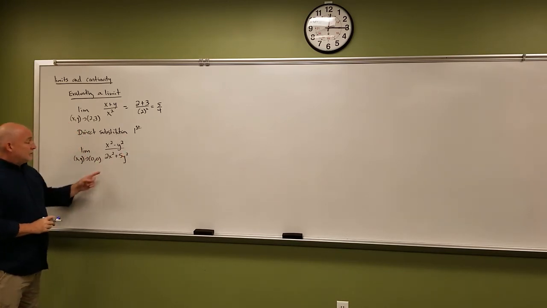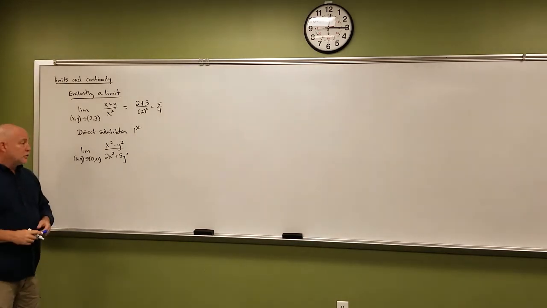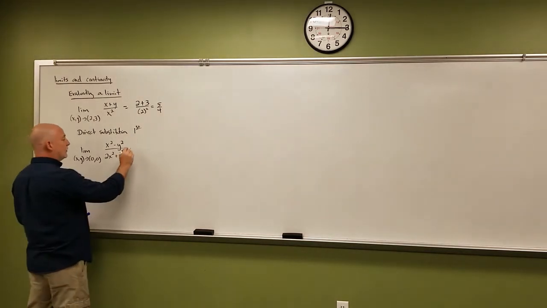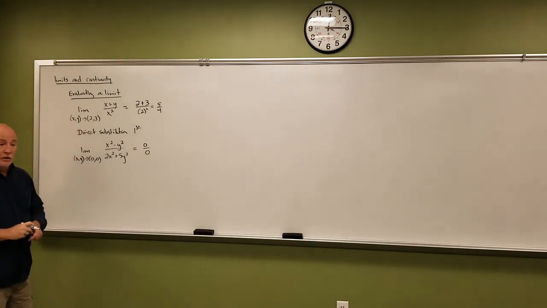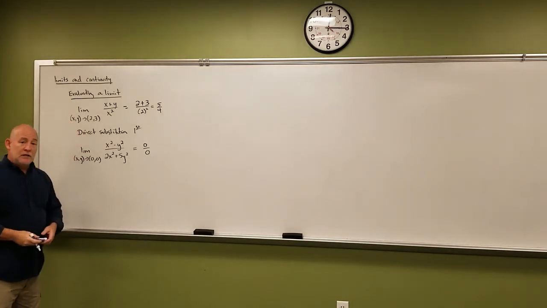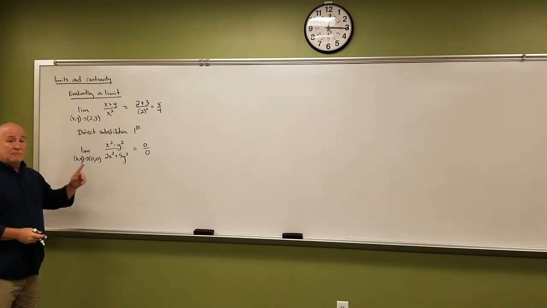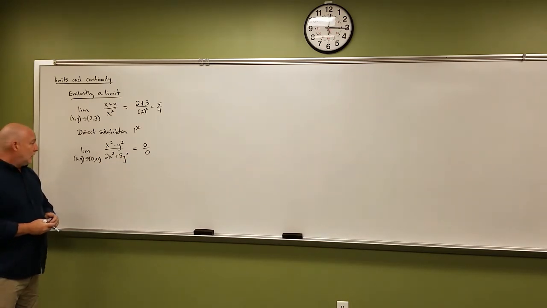Okay, so if we're given something like this, again, we'd want to do direct substitution. Hopefully it's easy to see direct substitution would give us 0 over 0. The exact same idea as in Calc 1, that tells us nothing. This limit may exist or it may not exist.